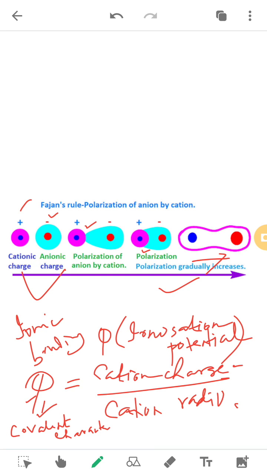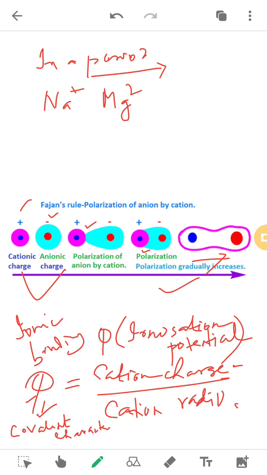Now we see what happens in a period. In a period, when we move from left to right, from one element to another, we see that there is an increase in the charge and the cationic radius decreases. For example, I take Na+ and Mg2+. So this is left to right, the third period. See, the charge is increased, isn't it?